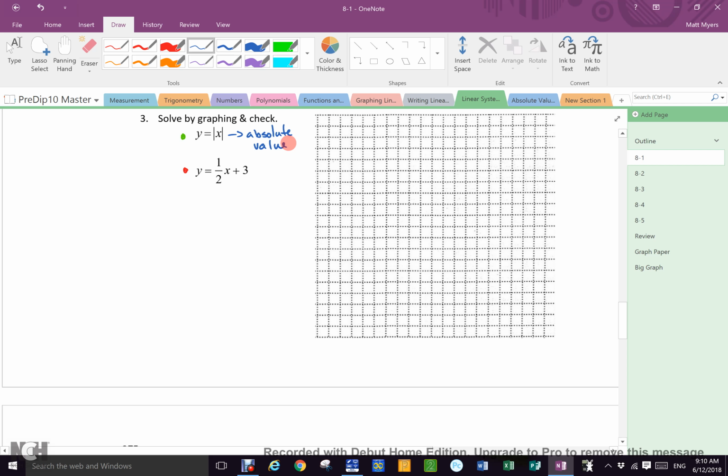Now, absolute value, think back to Unit 5. Everybody remember the difference between a speed and a velocity? What is the difference? They're both rates. Something per... Yep. That makes it a rate. So if I'm driving down the highway at 110 kilometers per hour, I'm driving at a speed.